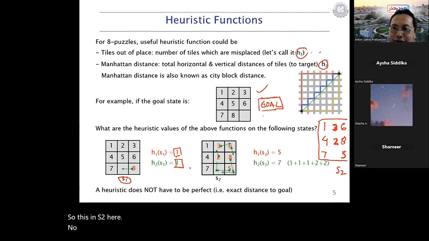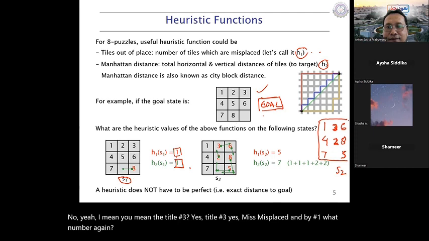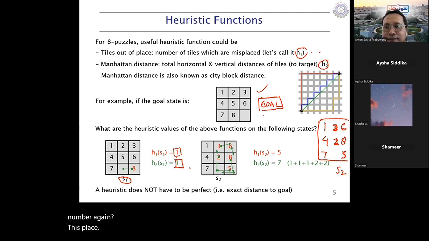Tile number 3? Yes, tile number 3 is misplaced. And tile number 7. As you see, the goal is here.